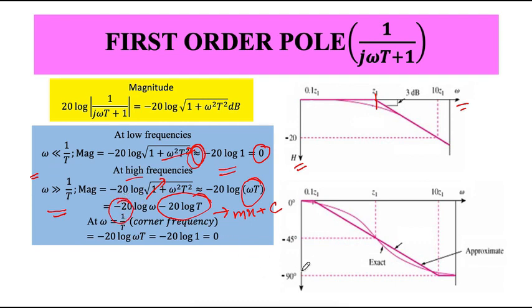Let's look at a particular interesting point. When my omega equals 1 by t, the magnitude is 0.